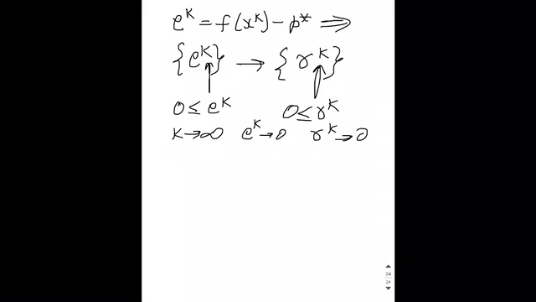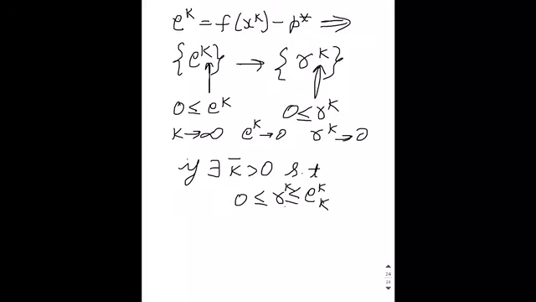So e_k is said to converge slower than r_k if there exists k bar greater than 0 such that r_k is less than or equal to e_k for all k greater than or equal to k bar.